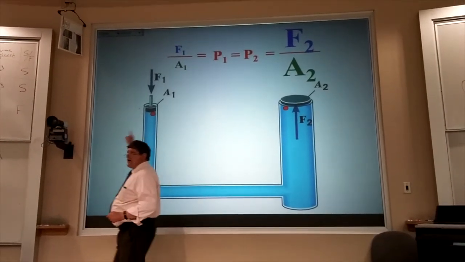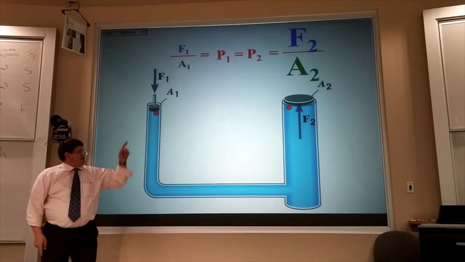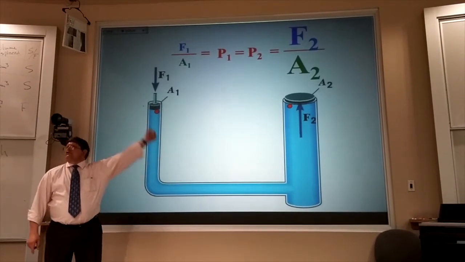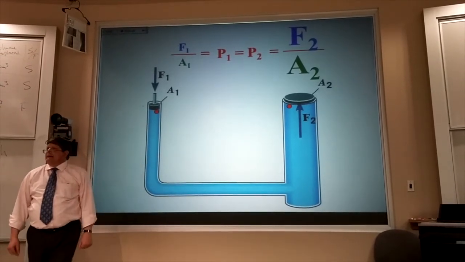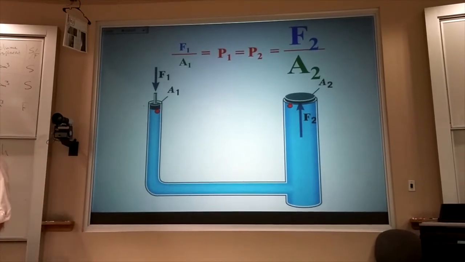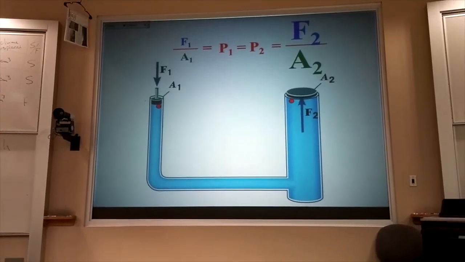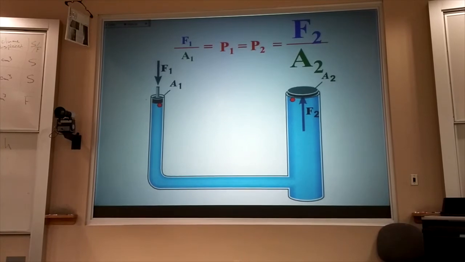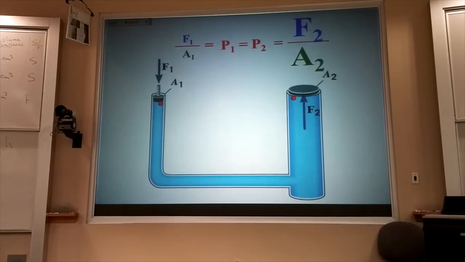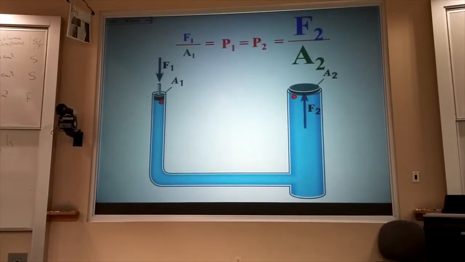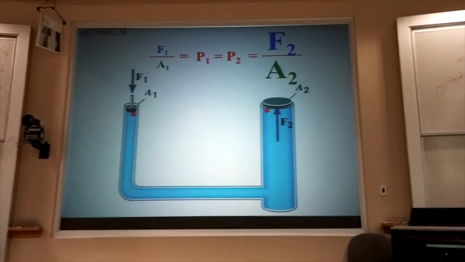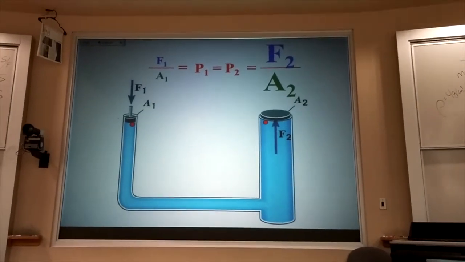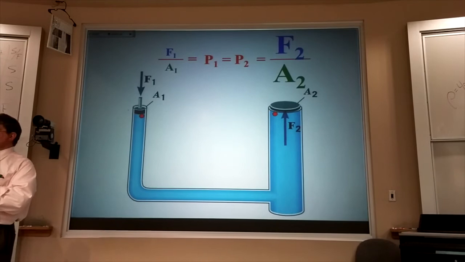If I push with 100 pounds down, that plunger there pushes up with 1,000 pounds. I push with 100 pounds, I get 1,000 pounds. That sounds like free lunch. Whenever I get something for nothing, I get a little nervous. What's the catch here? Why is this not free lunch?